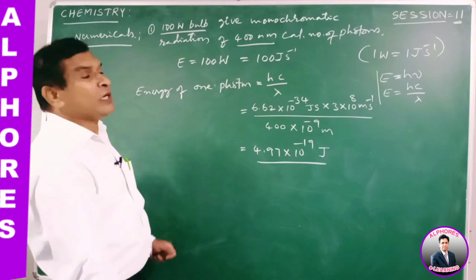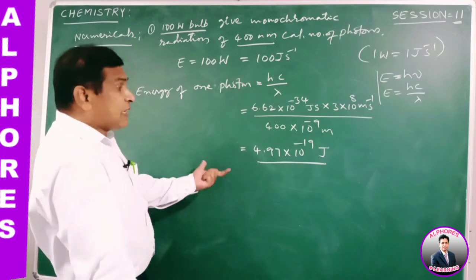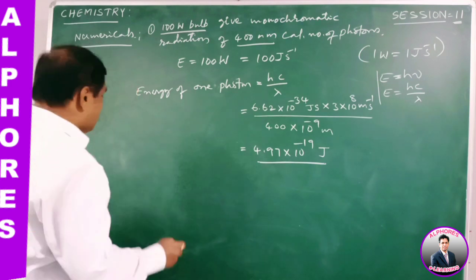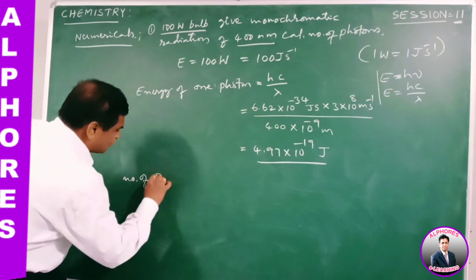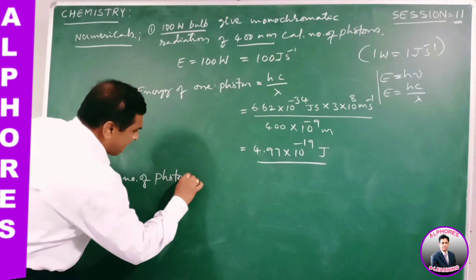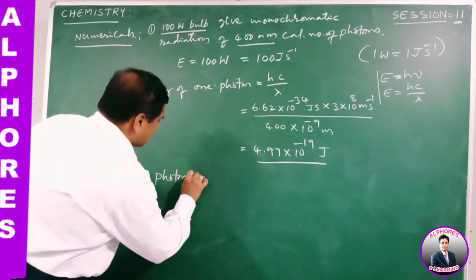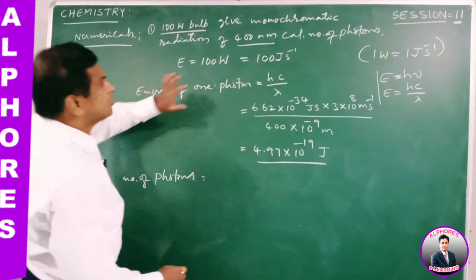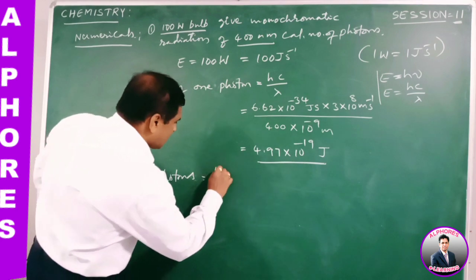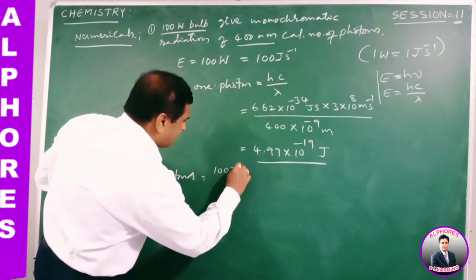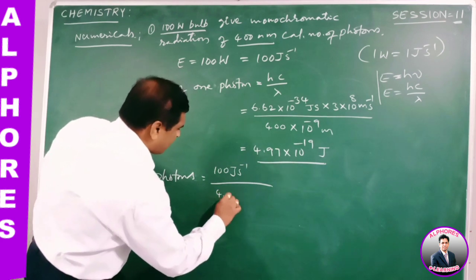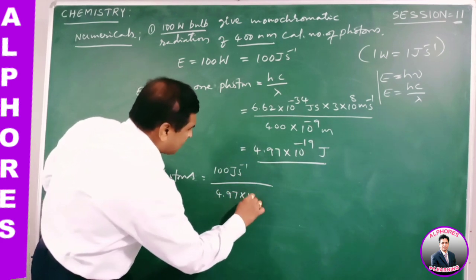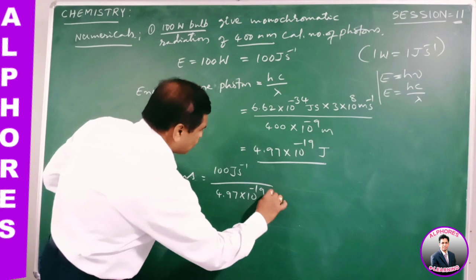Now the number of photons we have to find. Number of photons is equal to total energy, that is 100 joules per second, divided by the energy of one photon, 4.97 into 10 to the power minus 19 joules.